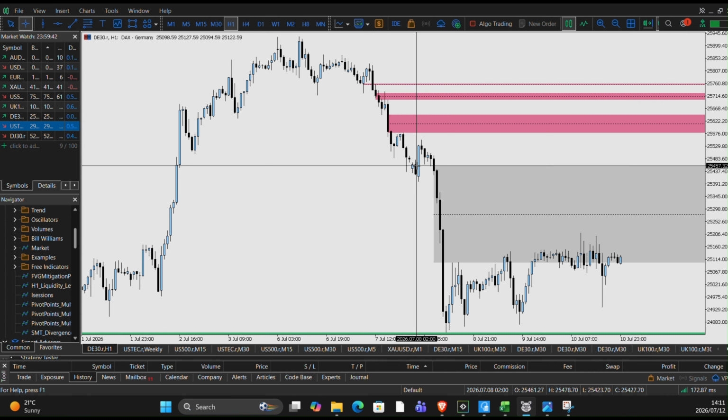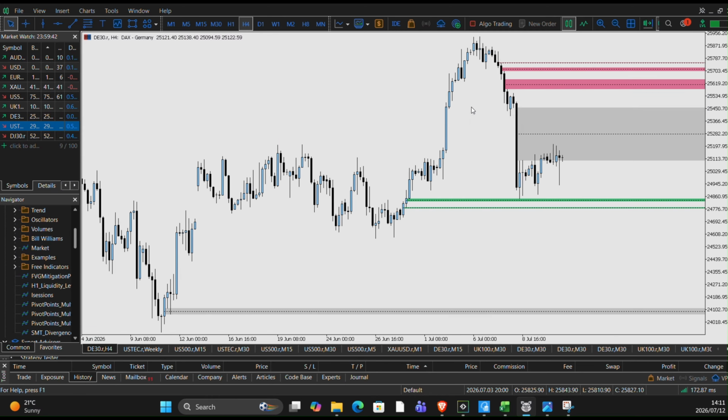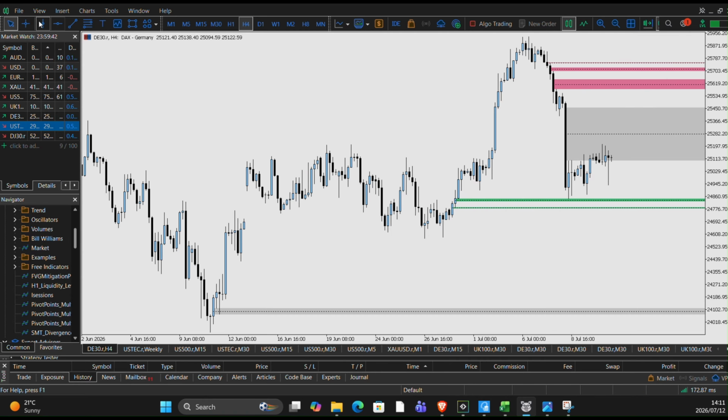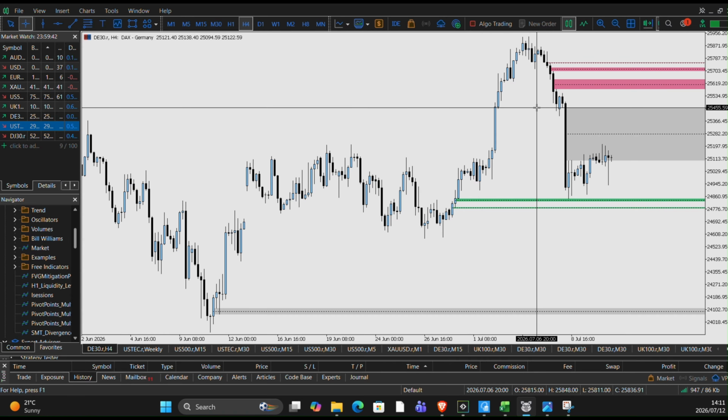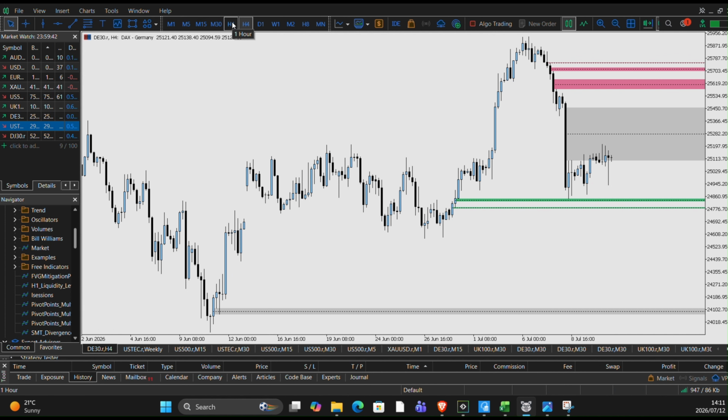The high is around 25455. You go back to the 4 hour, and the low is 25100, somewhere around there, and the high is 25455. Exactly that. So it gives you the ability to lock it and then refer to it.